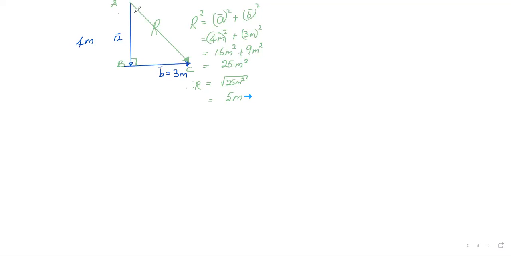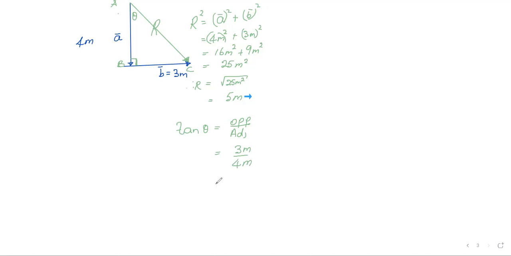Now, we'll have an angle theta here, and you know that angle theta is opposite to this 3 meters here, but is adjacent to 4 meters there, which is A. Therefore, you can say the tangent of theta is, mathematically, opposite over adjacent. The opposite side is 3 meters. The adjacent side is 4 meters.